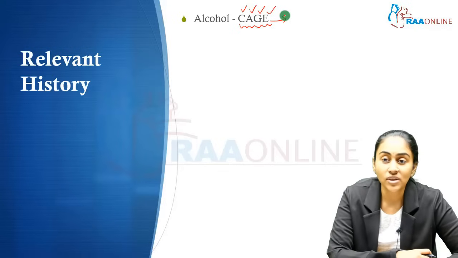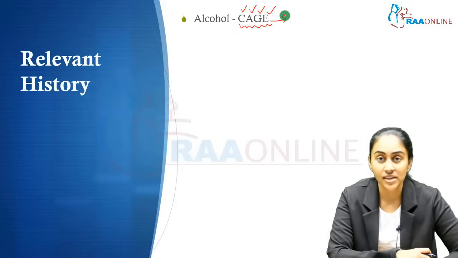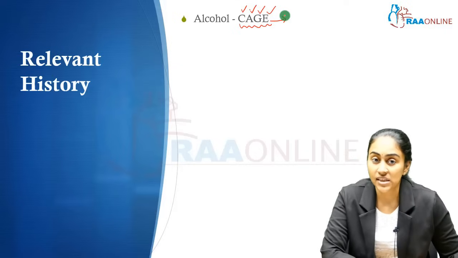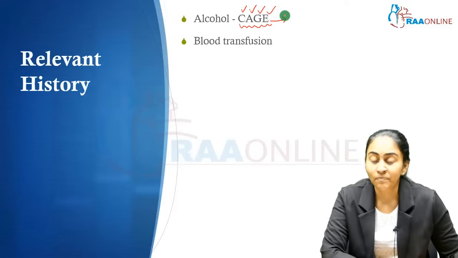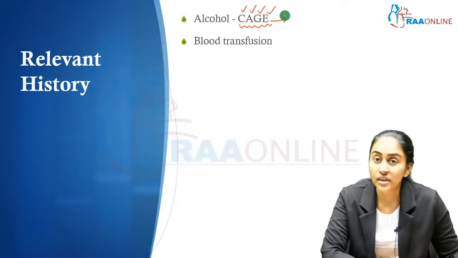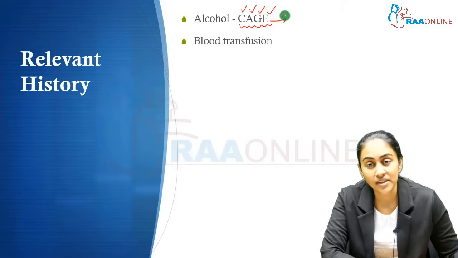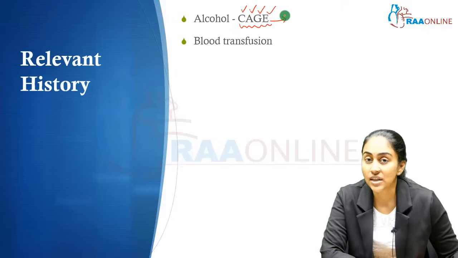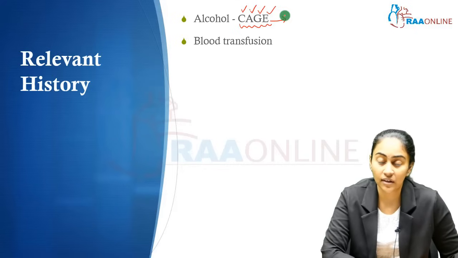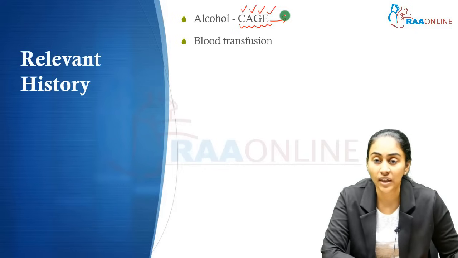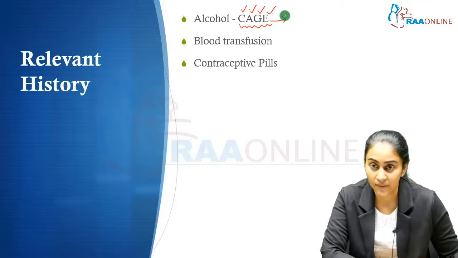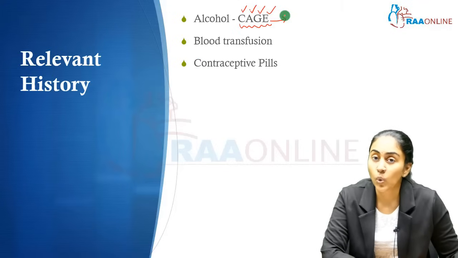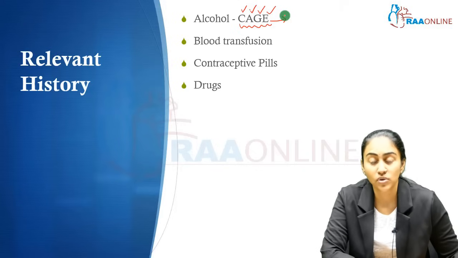If the answer to these questions is positive, that means alcohol consumption is a problem in this patient. So, then we have history of blood transfusion. This is basically because transfusion increases the risk of chronic viral infections of the liver like hepatitis B and hepatitis C. Whether patients are on oral contraceptive pills, whether patients are on drugs, they are all important causes of drug-induced liver injury.